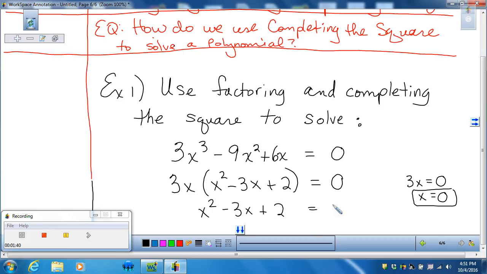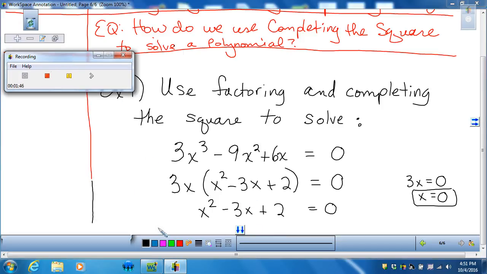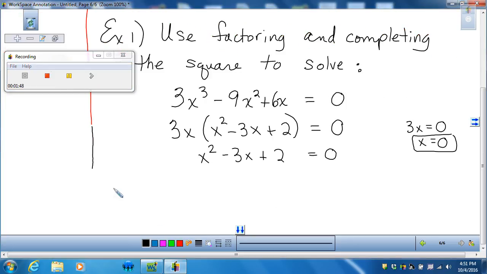Okay? So here's your steps for completing the square. You're going to take the rest of your equation, and we are going to get the x squared minus 3x by itself. So this plus 2, I'm going to move to the other side.